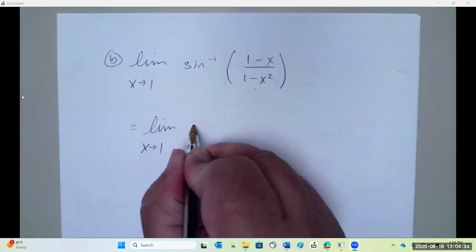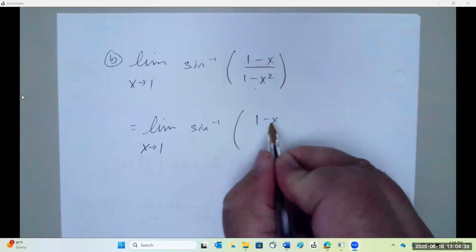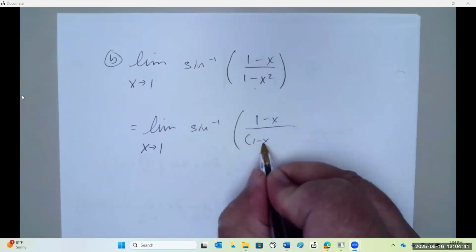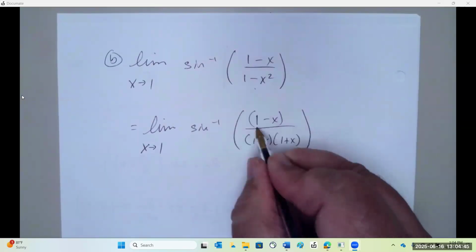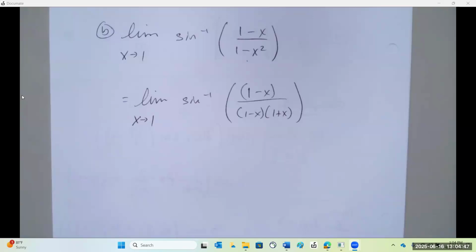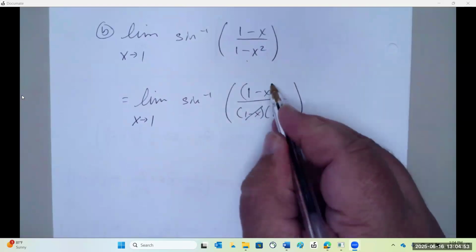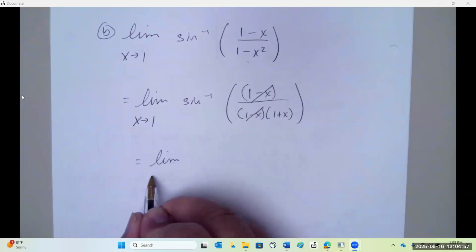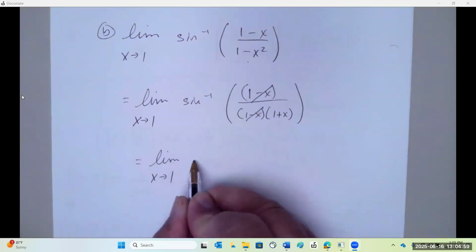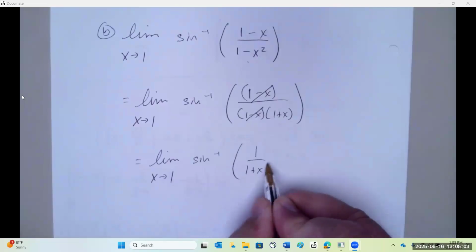The limit as x approaches 1 of the inverse of sine. So it's 1 minus x on top, (1 minus x)(1 plus x) on the bottom. So the 1 minus x's cancel. So now we're just dealing with 1 over 1 plus x.